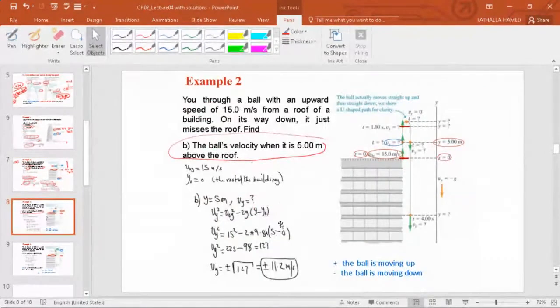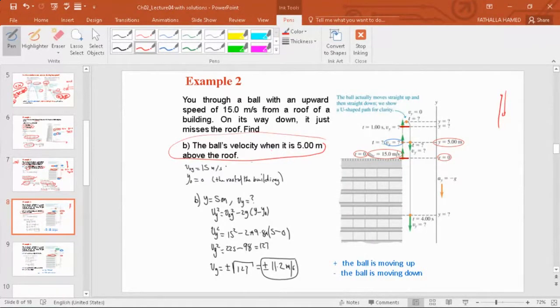Now, you know that 5 meters will be less than 1 second in this case. But you know one thing, that you're going to go up and come down. So you're going to be at 5 meters above the roof of your building while you're going up and while you're coming down. And what they ask here is they want the velocity at the same position, but while you're going up and while you're coming down.